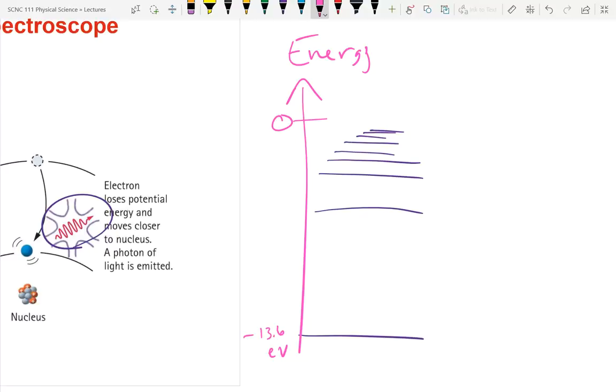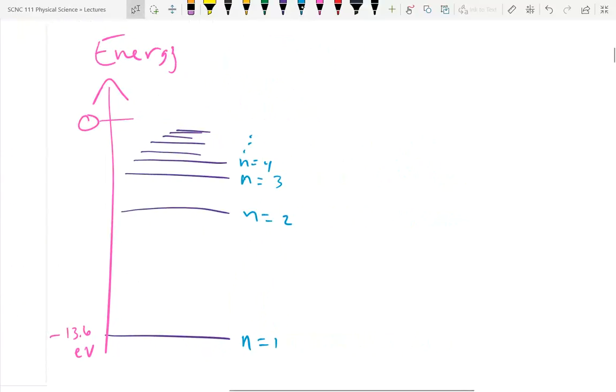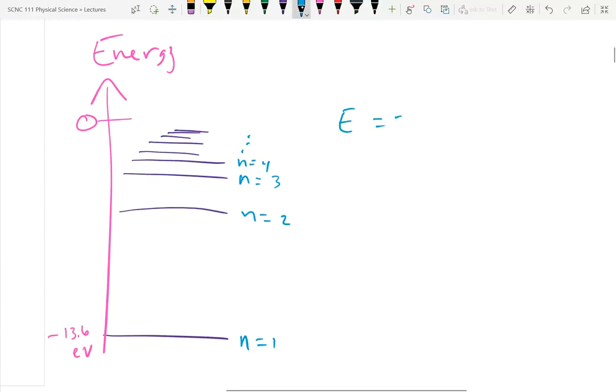It's just a unit for energy. So we have a negative energy. And these, remember I used that number n? n equals 1 is the bottom energy state. n equals 2 is the next one. n equals 3, n equals 4, and so on. And they get closer and closer together because according to the Bohr model, the energy is minus 13.6 electron volts over n squared.